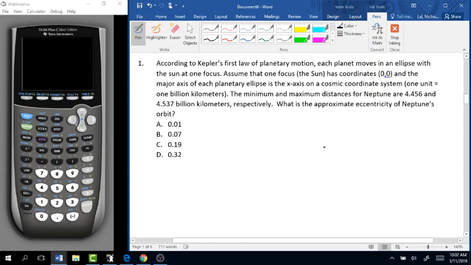The minimum and maximum distances for Neptune are 4.456 and 4.537 billion kilometers respectively. What is the approximate eccentricity of Neptune's orbit? So we need to find eccentricity, and eccentricity is equal to c over a. So let's draw the ellipse.